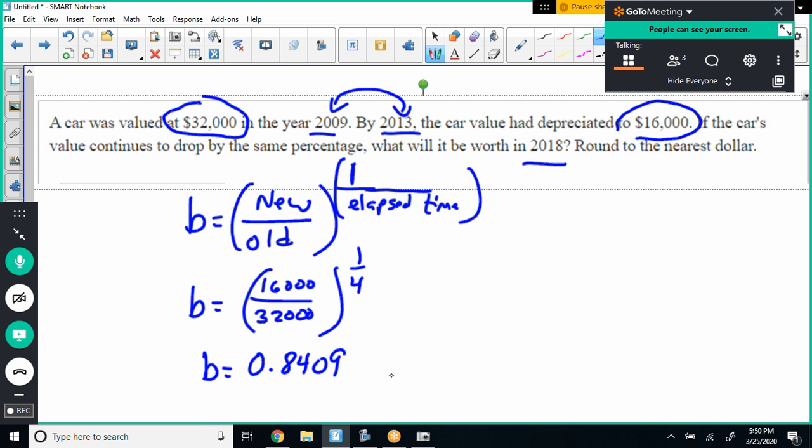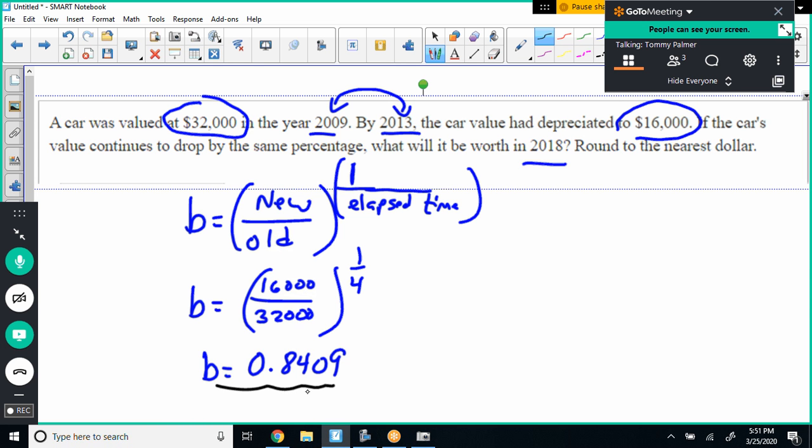And that's what I got as my base. I went to 4 decimal places because if I go to 4 or 5 decimal places, I'm less likely to introduce that much error. But it does show that it's decaying, because my base is less than 1, right?